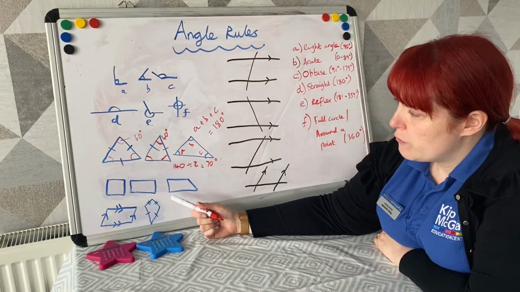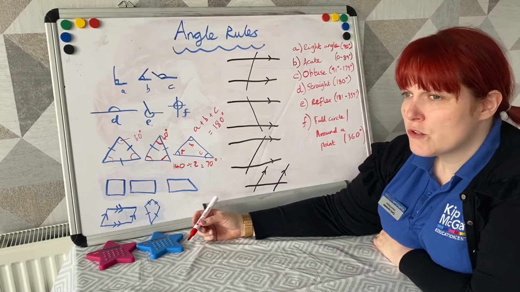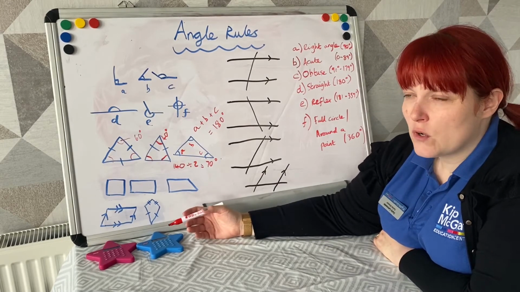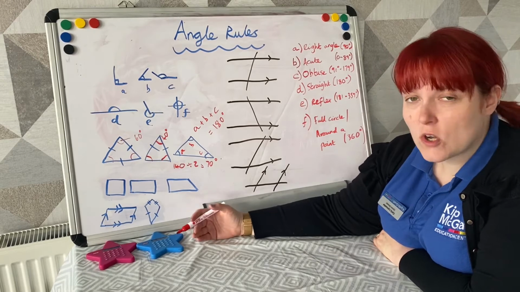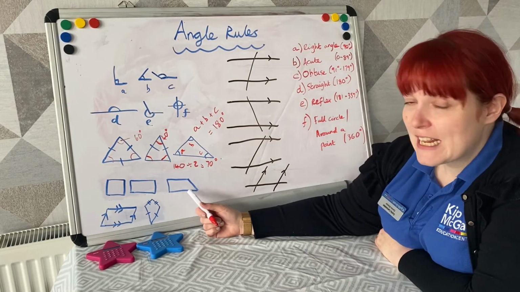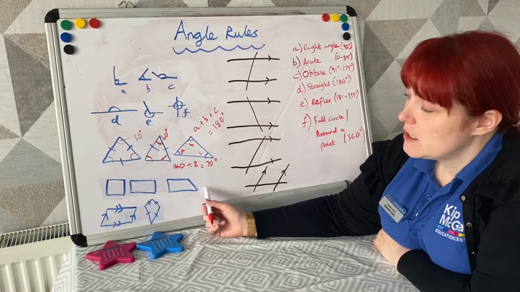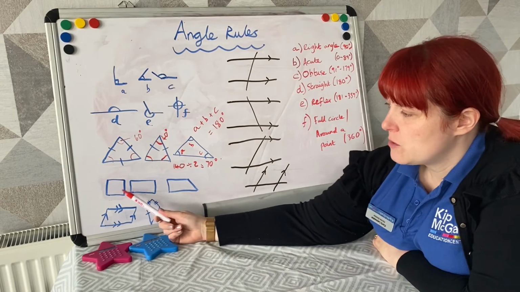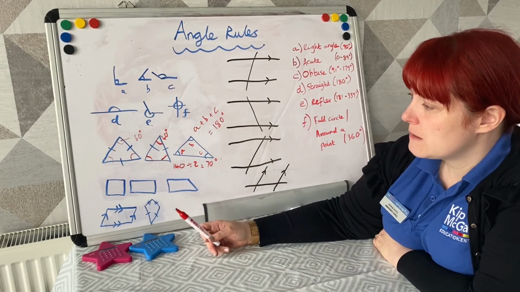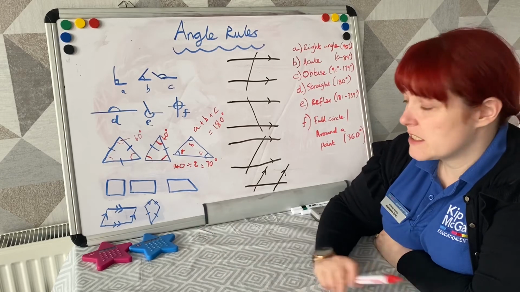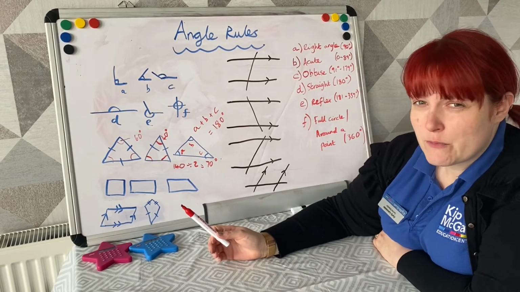And then we've got rules relating to quadrilaterals. Quad means 4. Quad bike has 4 wheels, quads are 4 children. So quadrilaterals are 4-sided shapes. We've got squares, rectangles, trapeziums, parallelograms, and kites, all sorts of different ones.